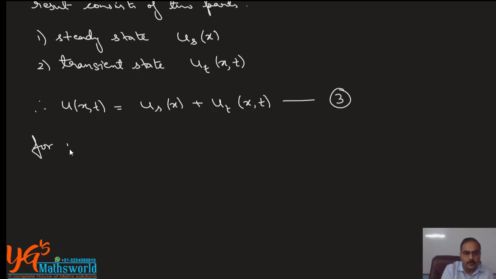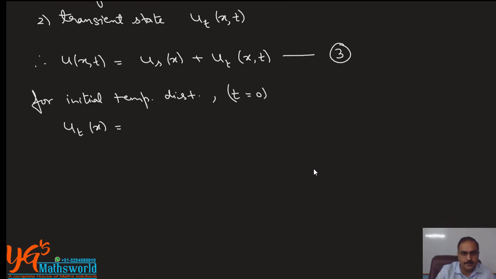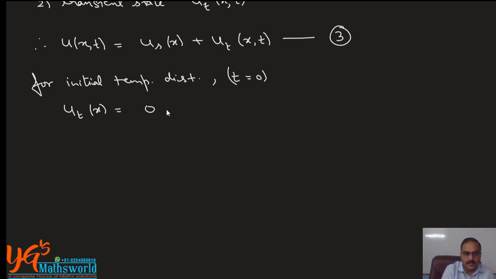Now for the initial temperature distribution, that means at time t equal to 0, ut(x). For initial conditions, what was the temperature? 0 and 100. So temperature at end A plus temperature at end B minus temperature at end A over the length of the rod into displacement, that is equal to 100x/L.